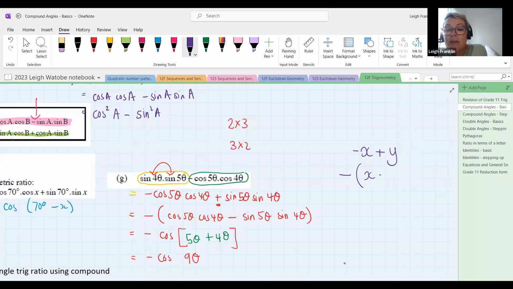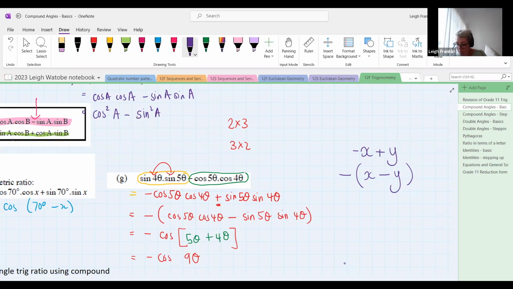The next sign also needs to be a negative because a negative times a negative gives a positive. So minus x plus y is the same as minus 1 times, in brackets, x minus y.